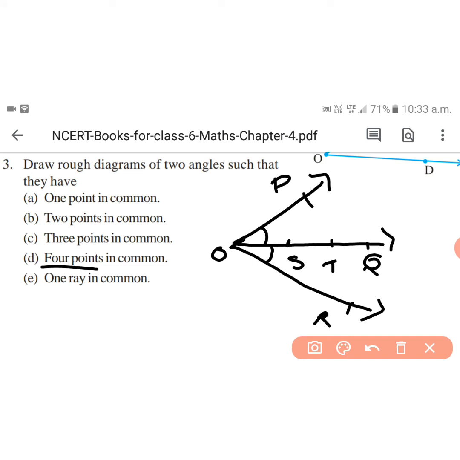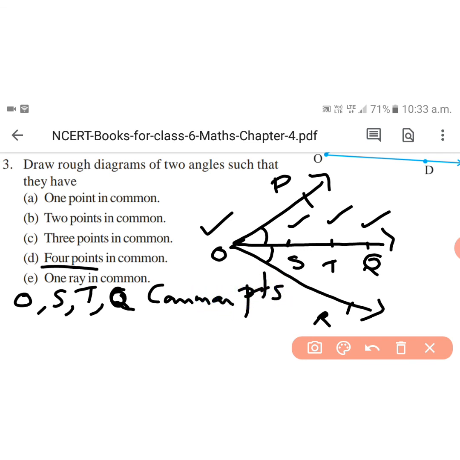The 4 common points are O, S, T and Q, for angle POQ and angle QOR.